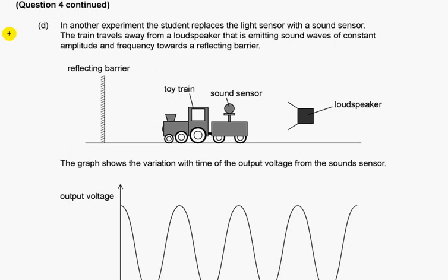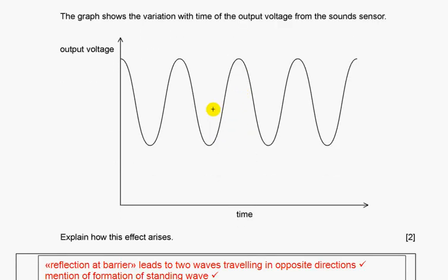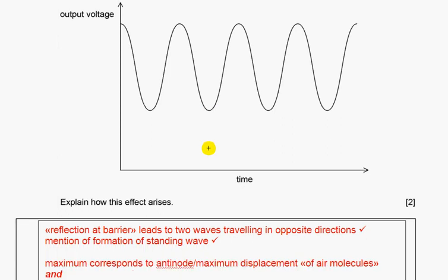So actually here we have one wave moving to the left, a reflected wave moving to the right. They interfere and they produce a standing wave, and this is registered by the sound sensor. In a standing wave, we have antinodes with maximum displacement and nodes with minimum displacement or amplitude.